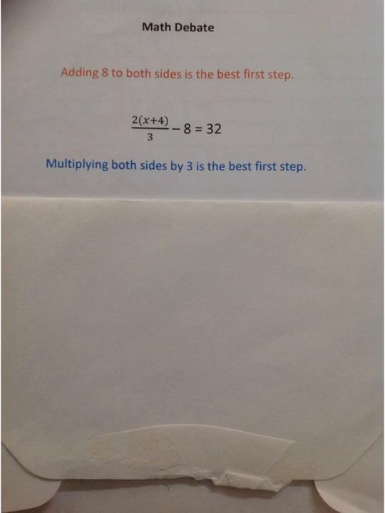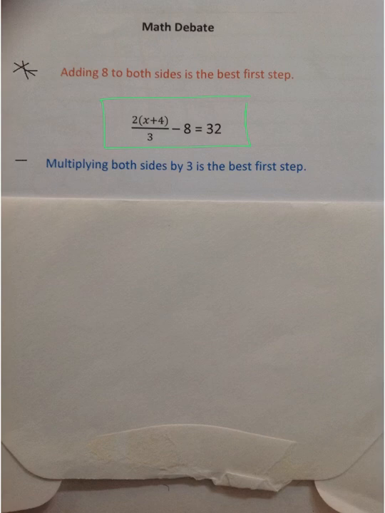Yesterday we had a little bit of a math debate. We had the problem, which is right here, and it's 2 multiplied by the sum of x plus 4, divided by 3, minus 8 equals 32. Just going with your gut, do you think that adding 8 to both sides would be the best first step?